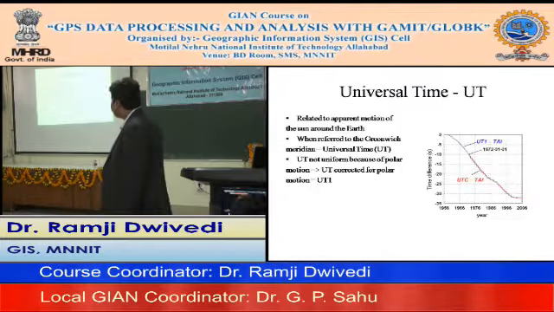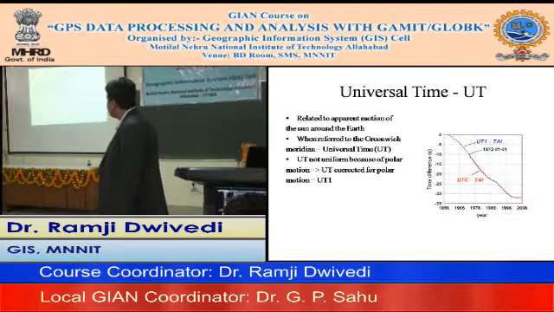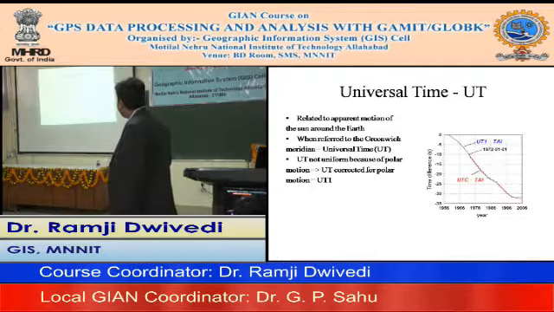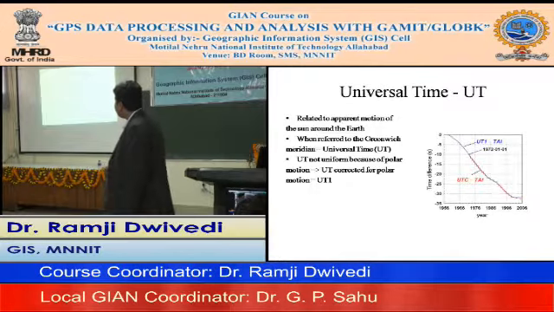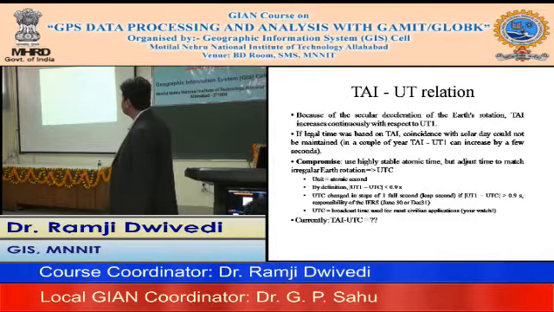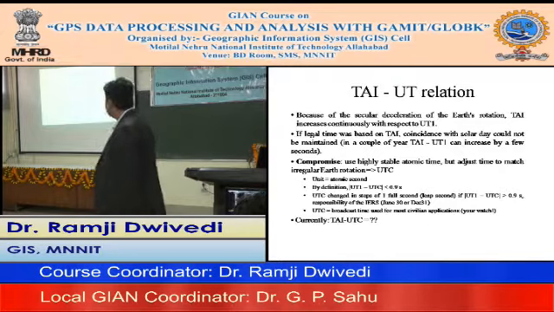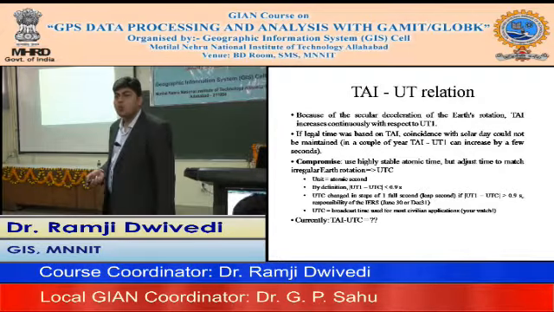When we correct our basic UT for polar motion, we call it UT1, and the relation between UT1 and TAI is also unique. The USNO has introduced a new time system, which we call UTC, coordinated universal time.